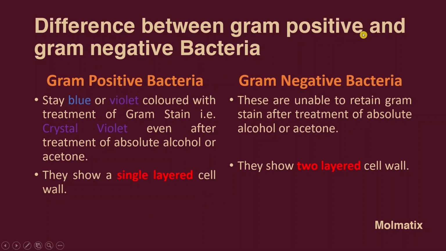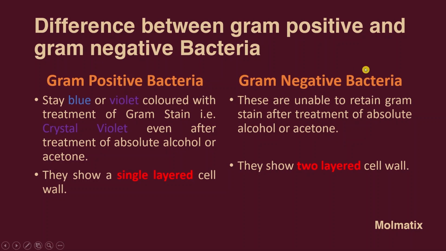The difference between gram positive and gram negative bacteria: gram positive bacteria stay blue or violet colored with the treatment of gram stain, that is crystal violet, even after treatment with absolute alcohol or acetone. Whereas gram negative bacteria are unable to retain gram stain after the treatment with absolute alcohol or acetone.